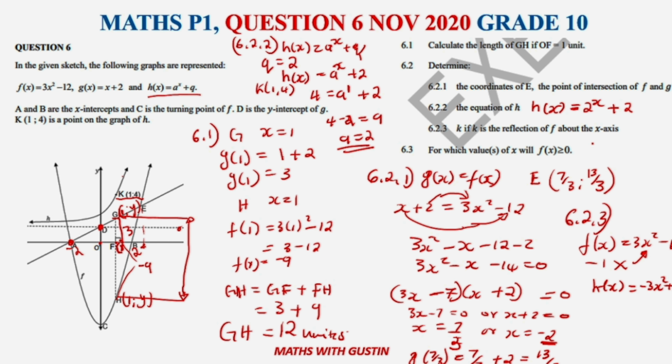So the graph is above 0 between there and there. Let me see. Yes, where x is greater than or equal to -2 and x is less than or equal to 2. And that's how you would deal with a question like this one, guys.